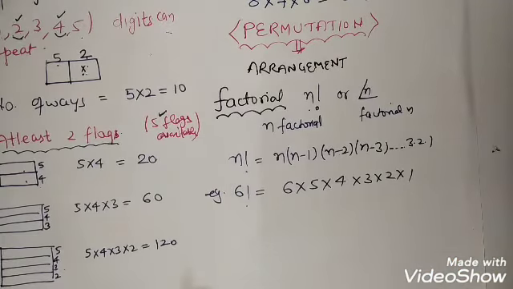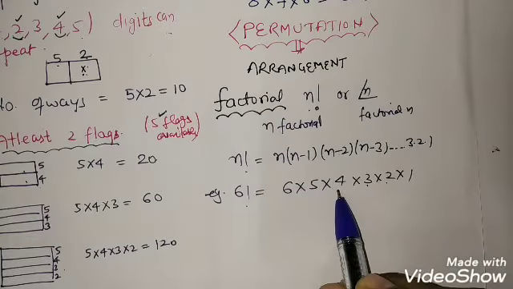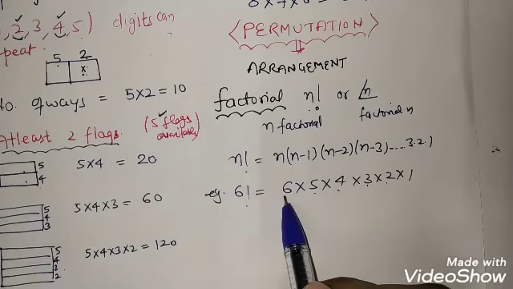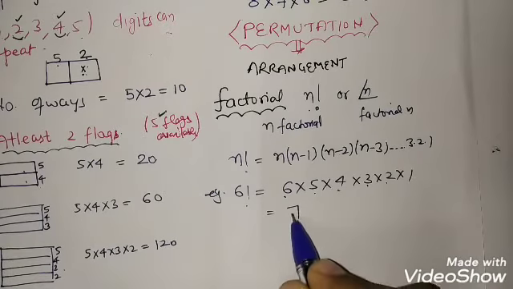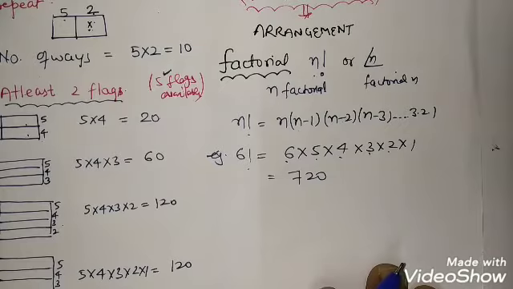We have to multiply these things. It's quite easy. See how we can multiply. 2 3s are 6, 6 4s are 24, 24 5s are 120, 120 6s are 720. 720 is the required answer.